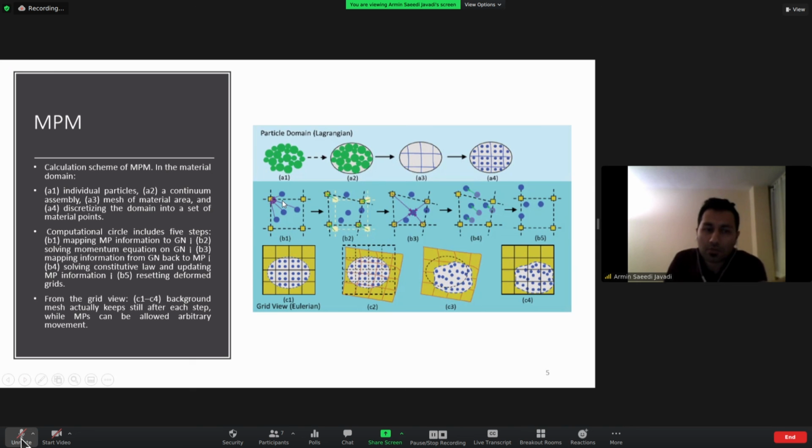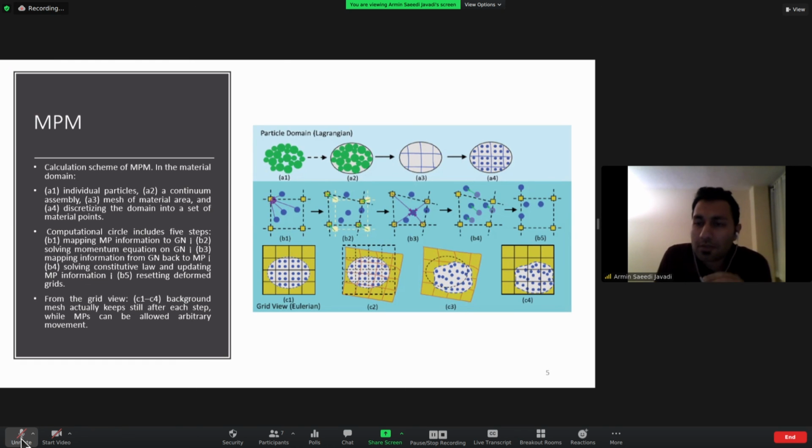Then we need to solve momentum equations on grid nodes. After that, we need to map information back from grid nodes to our material points. After that, we need to solve the constitutive law and update our material point information, and find the new position of our material points. Now we have all of our information in our material points. Therefore, we do not need our information in our nodes. So now we can reset our mesh and go for our next step.